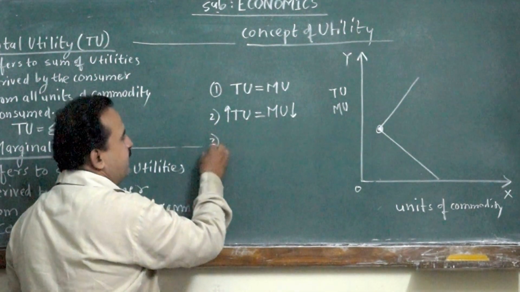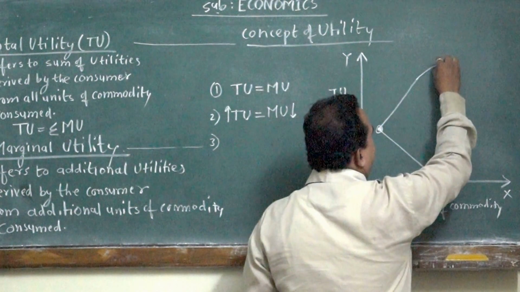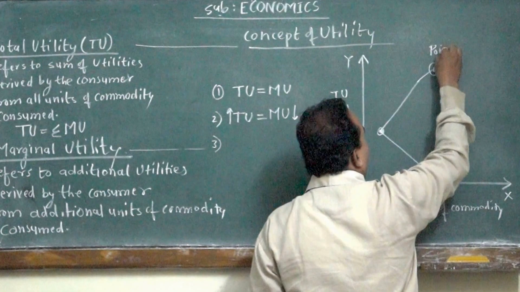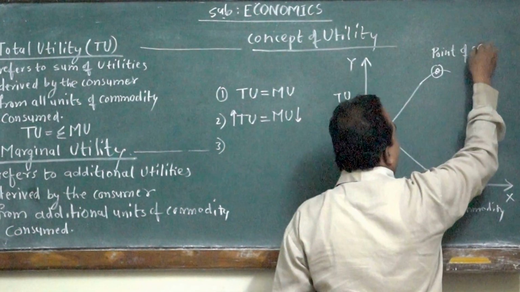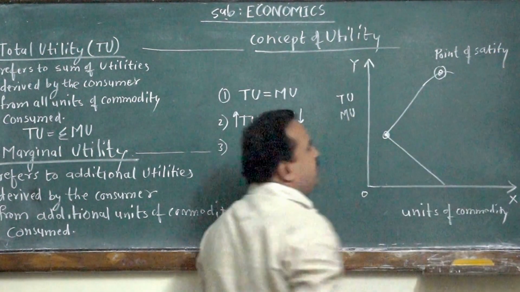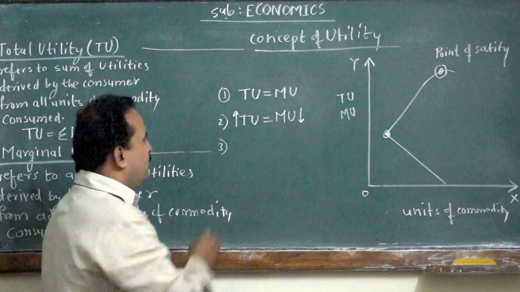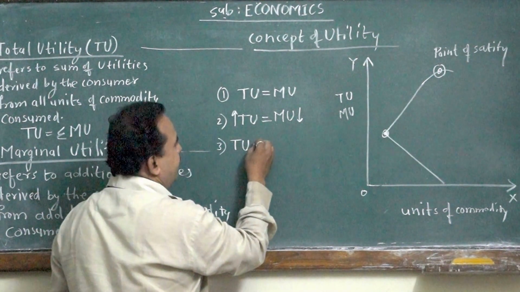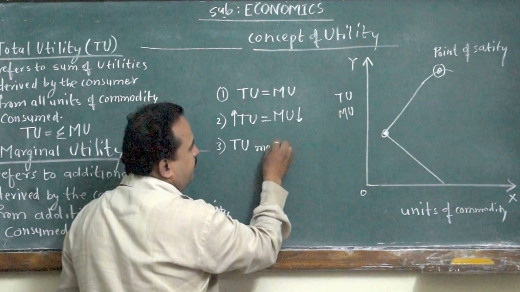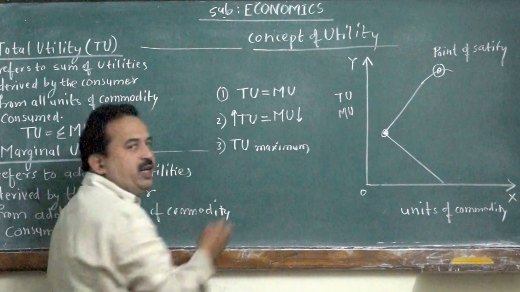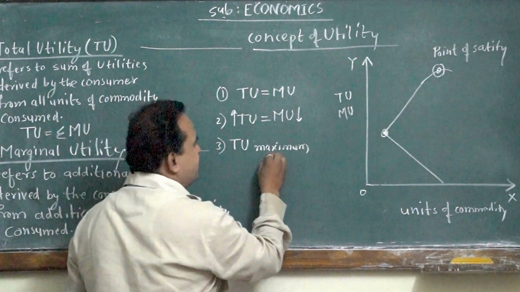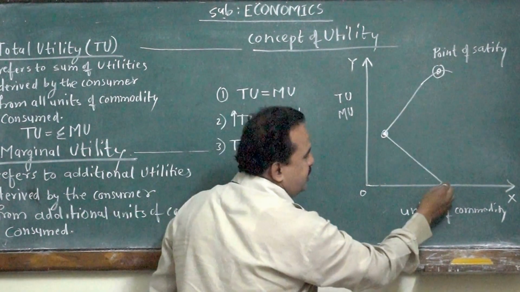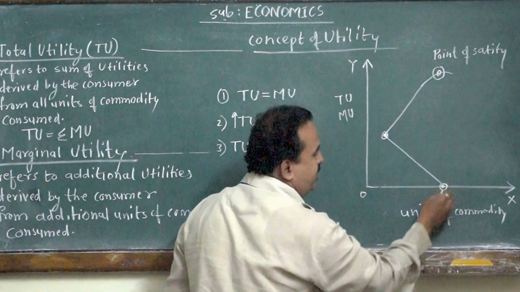At the third stage, total utility is maximum. This point is called the point of satiety. When total utility is maximum, marginal utility becomes zero, which is denoted here.